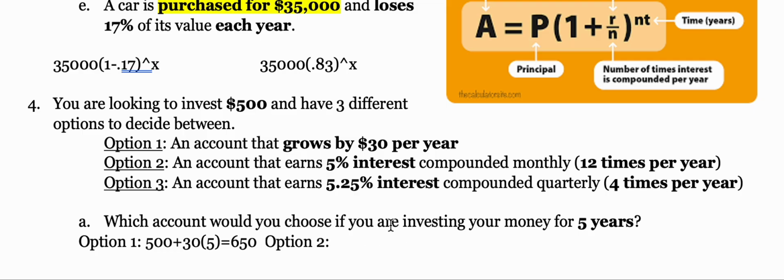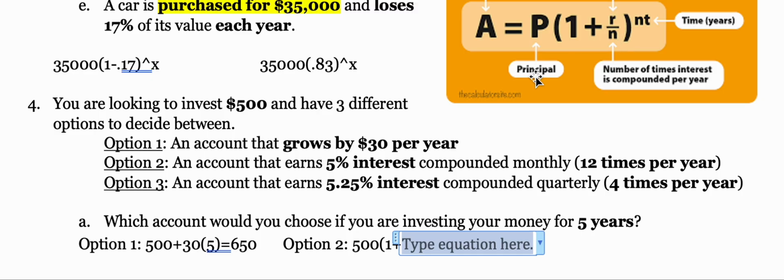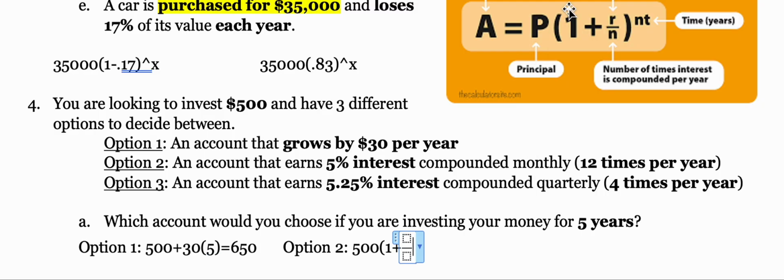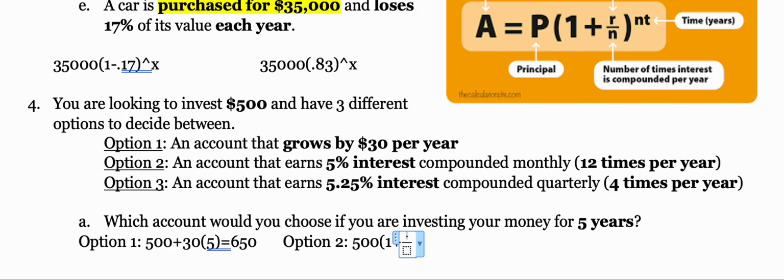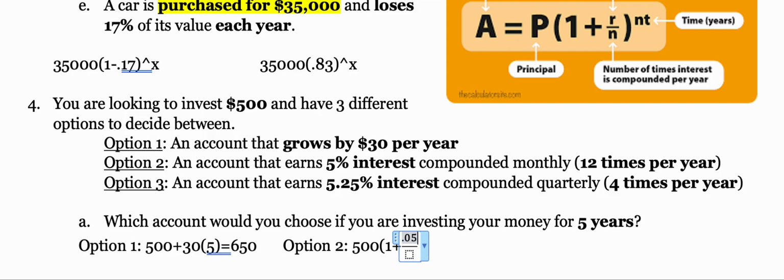Now let's take a look at option 2. It is 5% interest, so we have $500, and it's growing. So it's 1 plus, and I'm going to have a fraction. I'm going to use the equation function on my calculator so you can see it as a fraction. And I'm going to have 0.05, because that's my percent as a decimal.